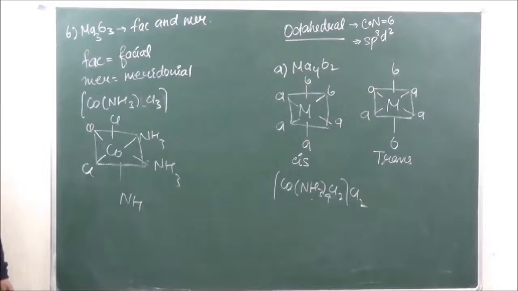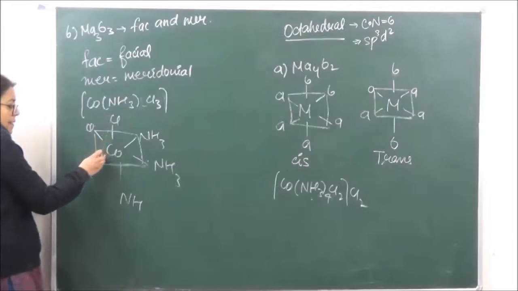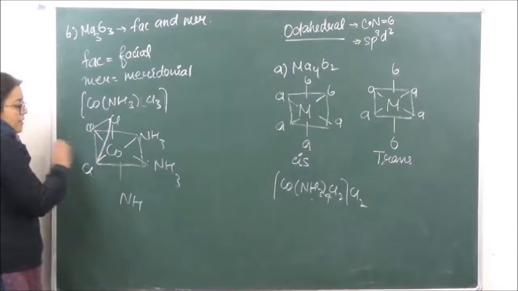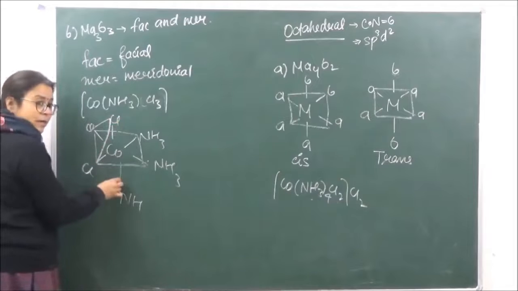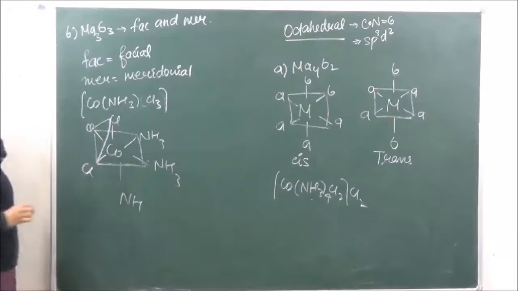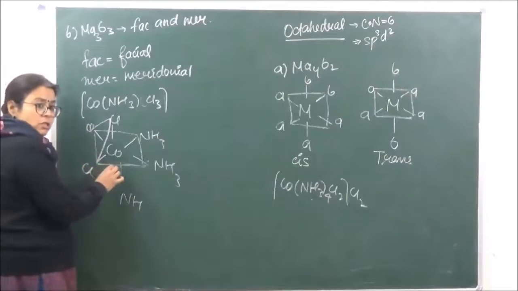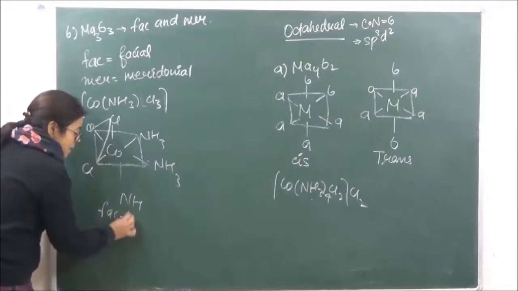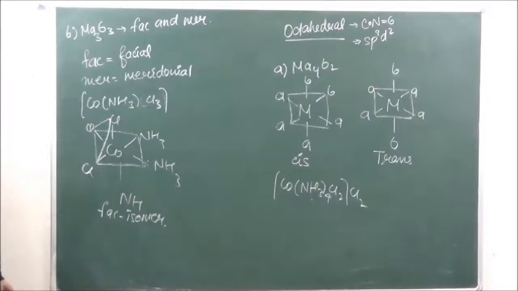You can see that the chlorines are going to be at the same face of the octahedral complex, right? So if you are dividing the octahedral complex from this line over here, all the 3 ligands lie in the same face. So these are known as the facial positions, if they are lying on the same face. So this is known as FAC isomer. Okay? This is going to be known as FAC isomer.